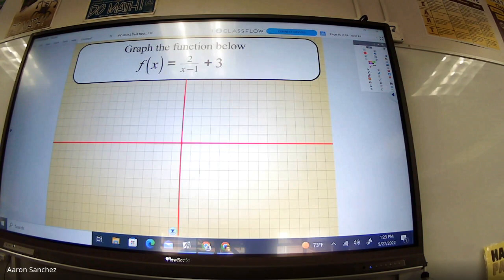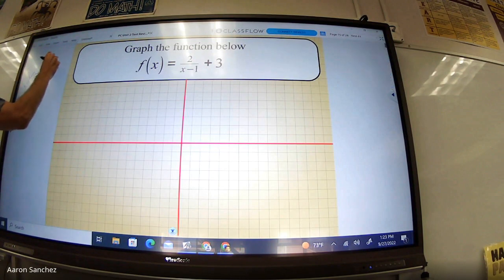All right, so have this in this form, y equals a over x minus h plus k, right? 5 seconds. Tell each other what the h and k is.